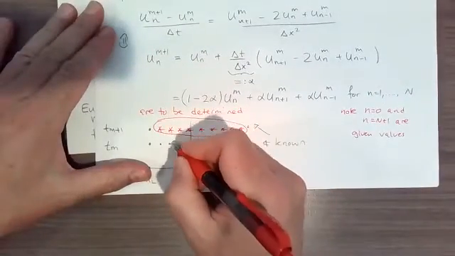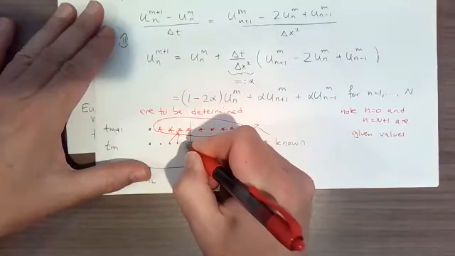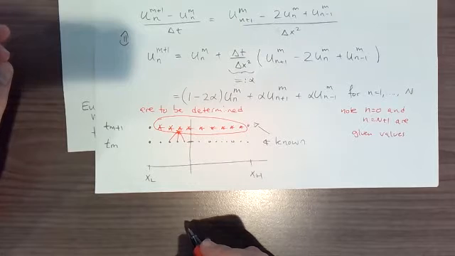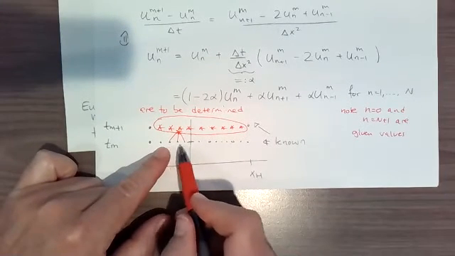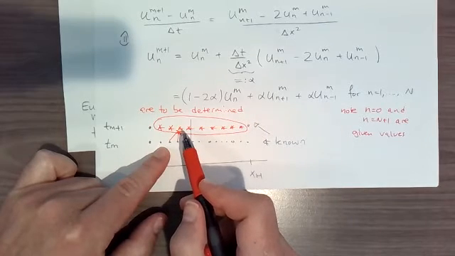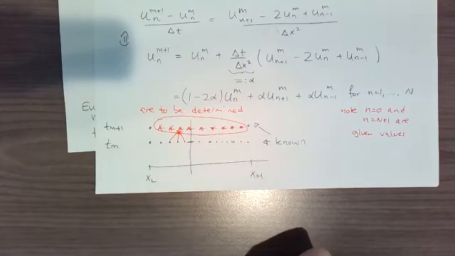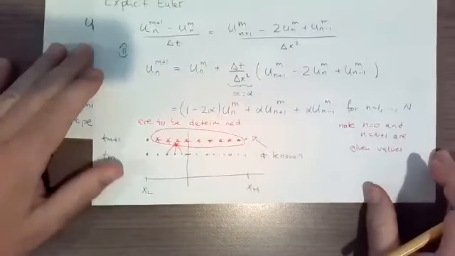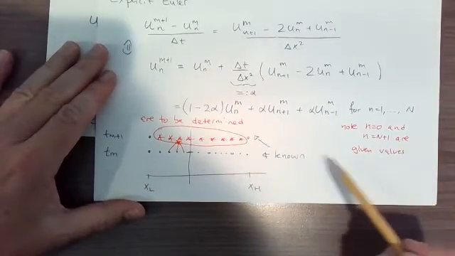So if I want to get this guy, this guy has to go up there, this guy has to go up there, and then this guy has to go up there. So it's explicit because you just take 3 points that you already know, and you feed them into the formula, and it gives you this one. So that was the explicit one.